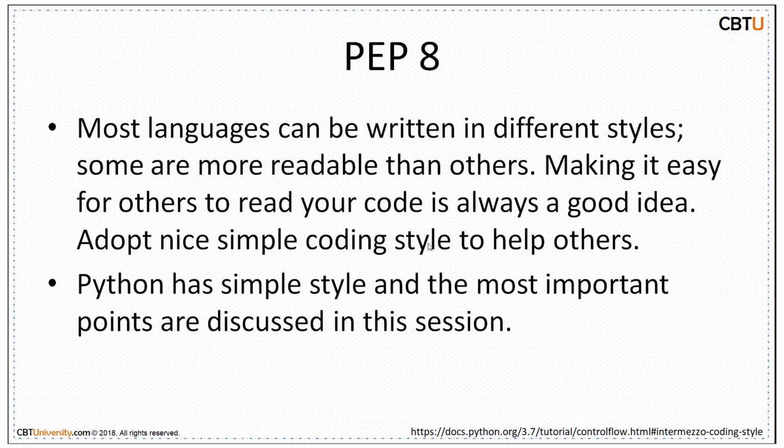Following a uniform style, making it easy for others to read your code, is always a good idea. Adopt a nice, simple coding style to help fellow programmers. Python has a simple style and the most important points are discussed in this section.